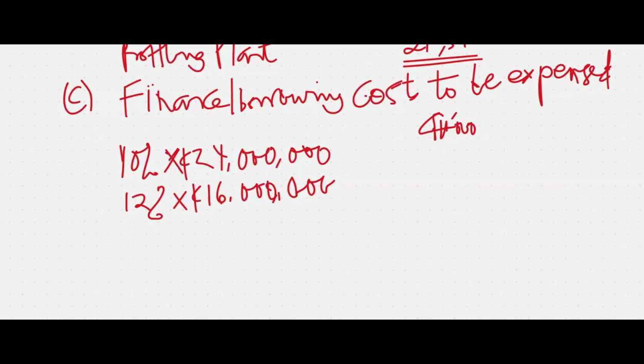Guys, you confirm for me so I don't make mistakes. Yes, it's 2.4. If you say 240,000, then it is 1%. So it should be 2.4.